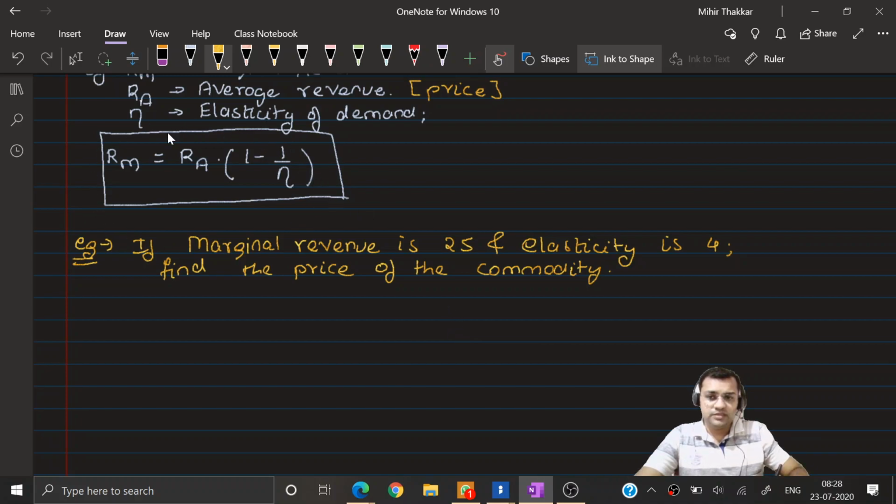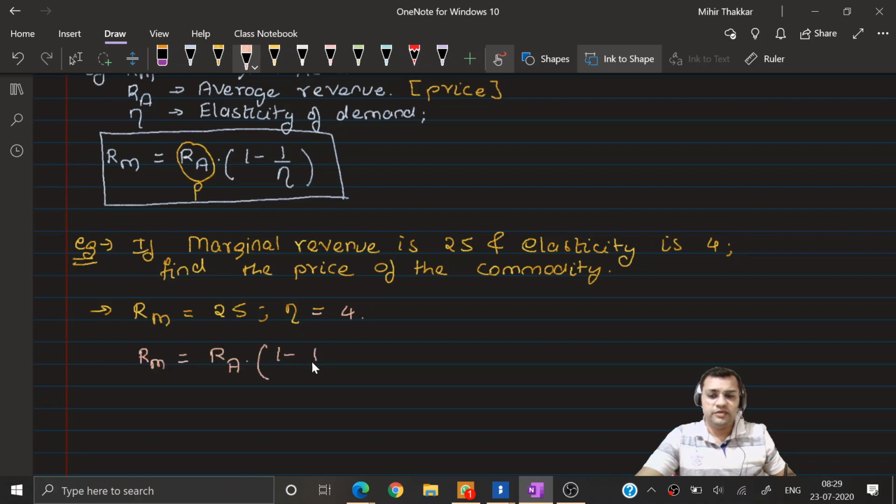In this same formula, I know that the average revenue itself is representing the price. So when I write this formula, I can say RM is equal to 25, elasticity is equal to 4. So I get RA into 1 minus 1 upon elasticity. Therefore, I can say that RM is equal to P into 1 minus 1 upon elasticity.